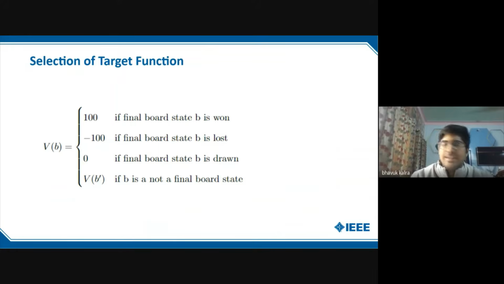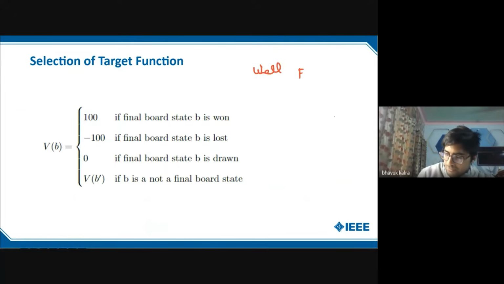This is defined as a well-posed problem. Whenever we look at board games, I try to define them as well-posed problems. Well-posed problems have five main characteristics.